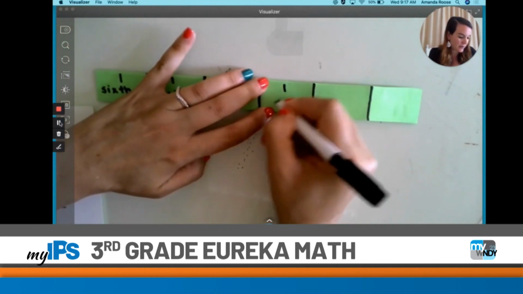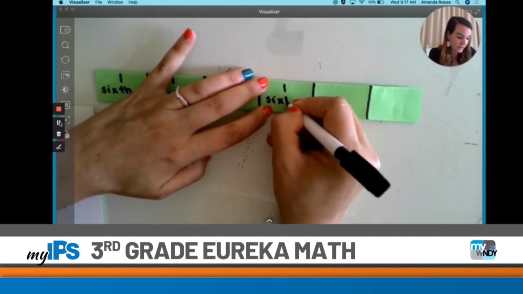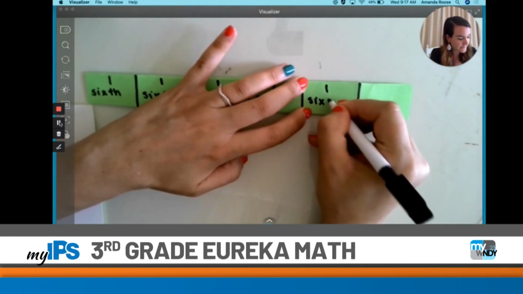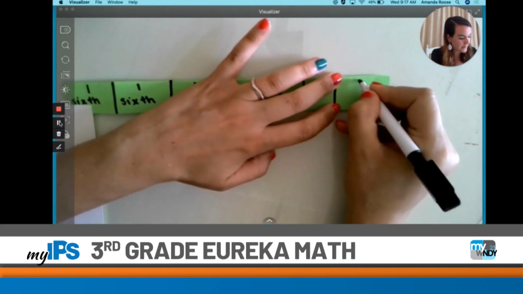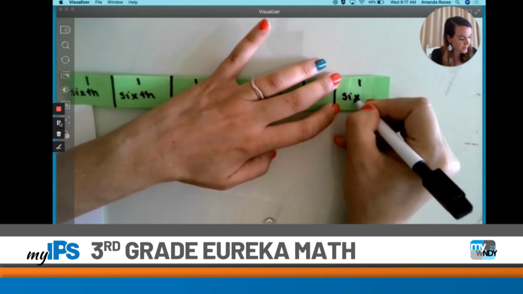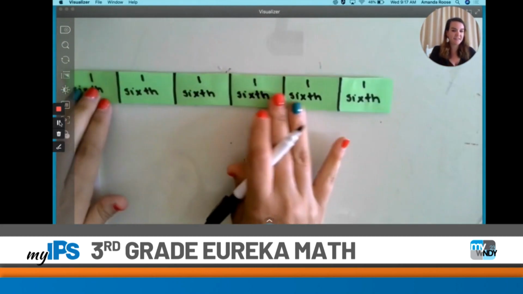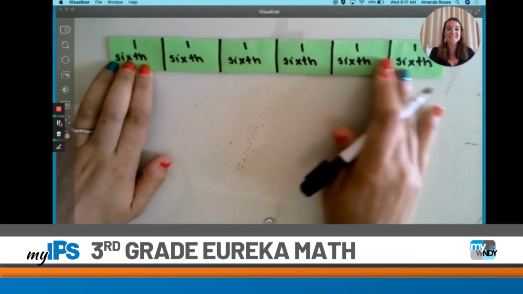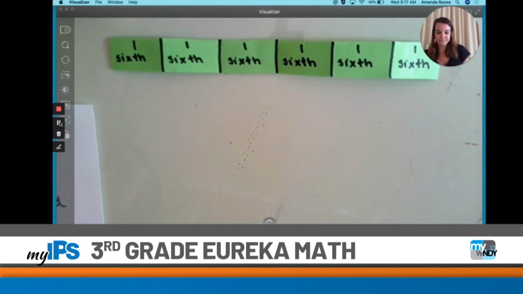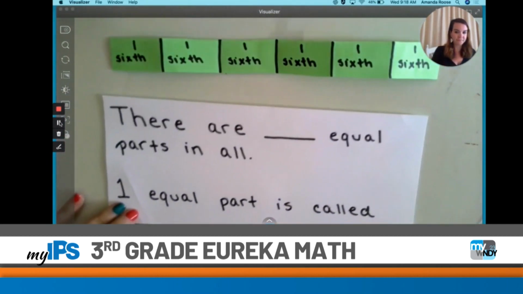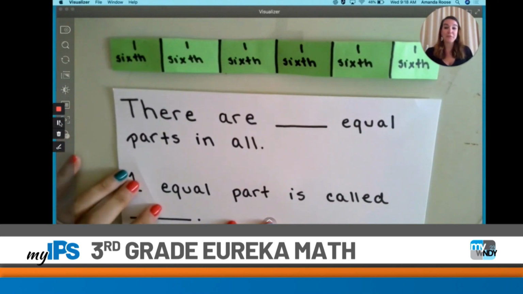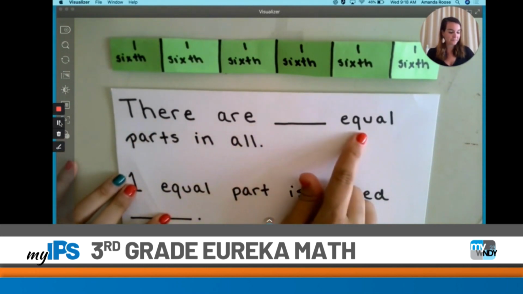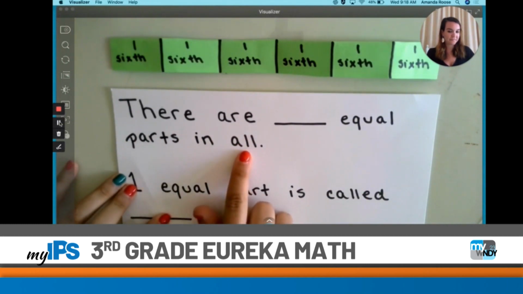These pieces aren't as little, so it's not as hard to write on. And then last 1/6. Okay, let's look at our sentence stems using our sixths. Okay, read it in your head first. Ready?